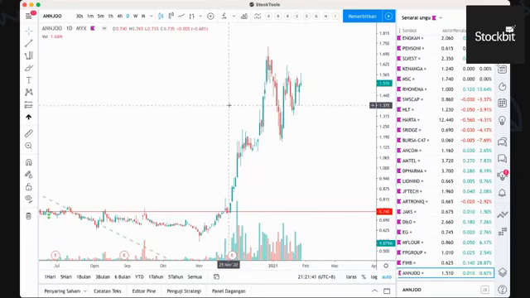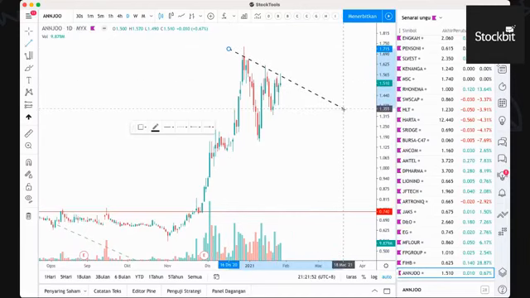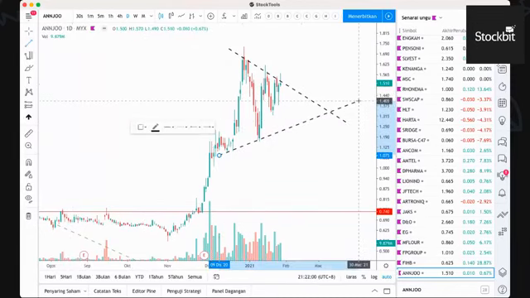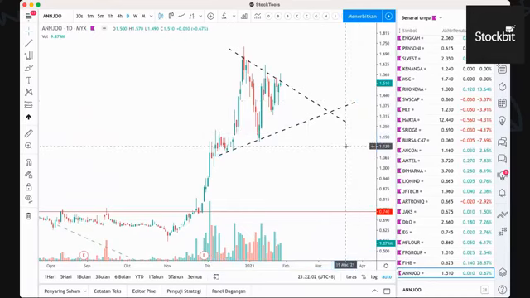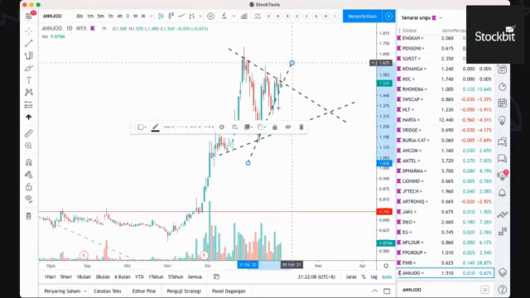But one thing that most people do not understand or probably do not know, right? Actually, this pattern, you see that we got this resistance here, and we got another support here, right? So I know some of you might ask why this is not something like this, why the pattern is not like this, right?